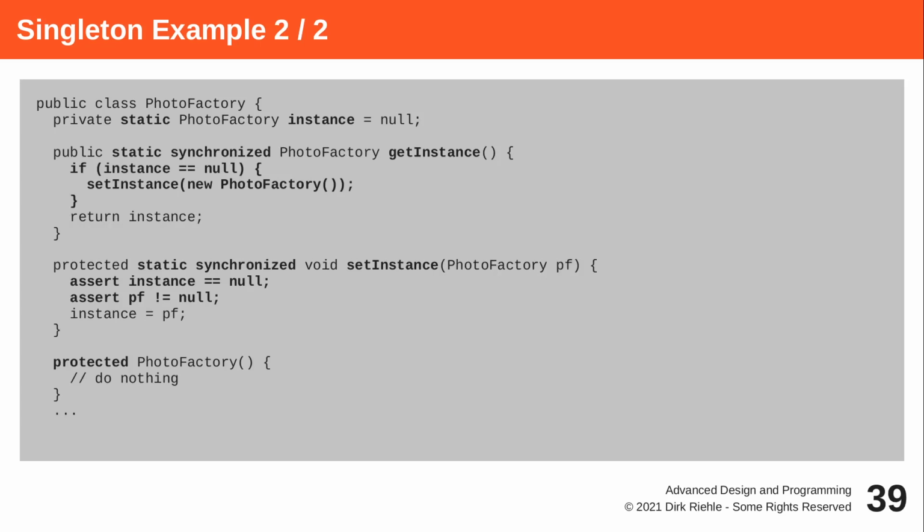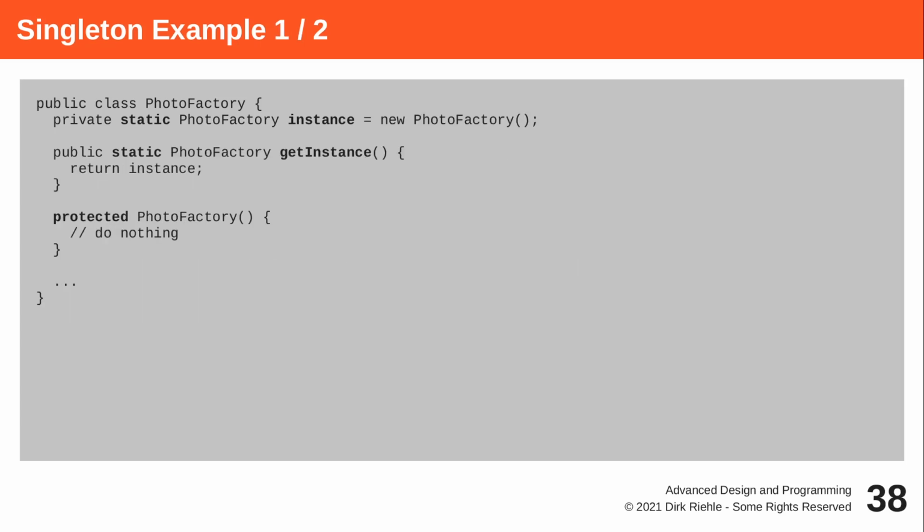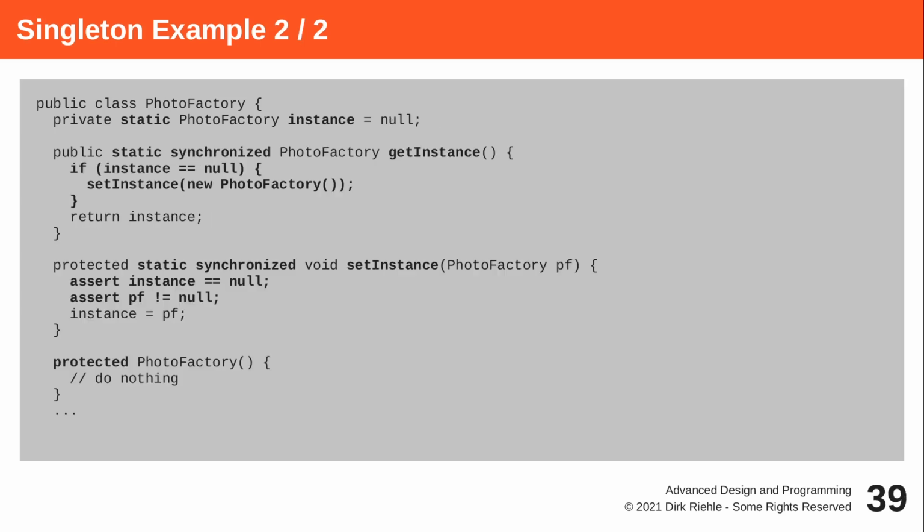In the implementation of the Singleton pattern, there are challenges. So, for example, if you can't statically instantiate the factory here with instance equals new photo factory, but you have to delay that into the getInstance method, you run into the problem with concurrency, that there could be two clients calling getInstance at the same time, and they would then get separate instances, which is exactly what you do not want.